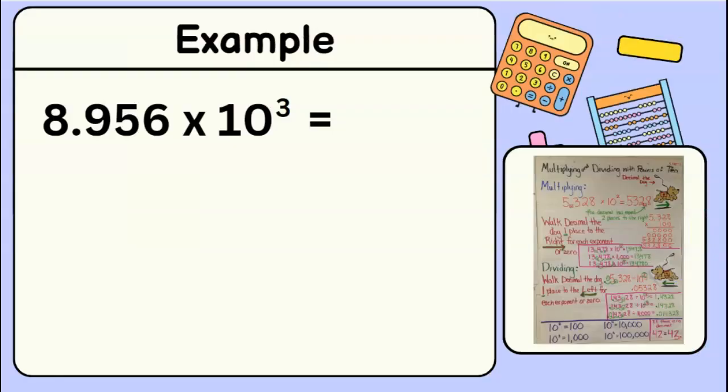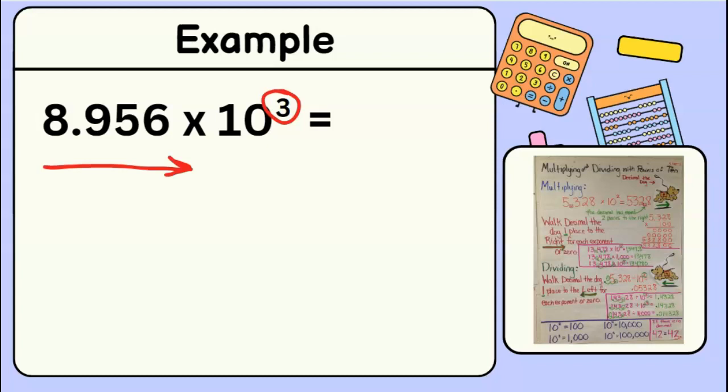So, for example, this is what we would do when we are given a number times a power of 10. So I have 8.956. I'm going to look at my exponent, and it's going to tell me how many places over my decimal is going to go. When we multiply, we will always walk decimal the dog to the right.